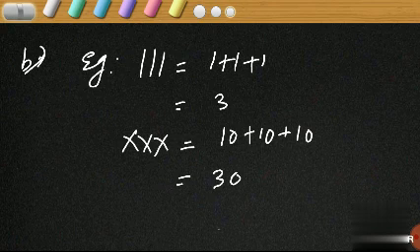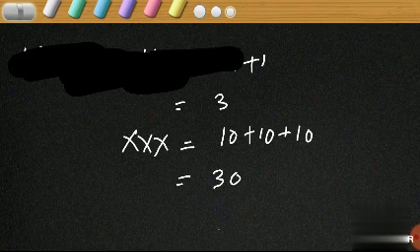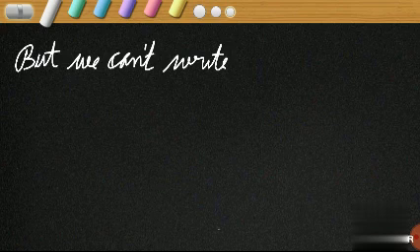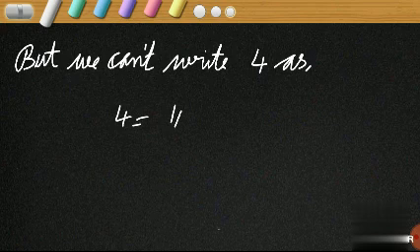But the next line, please write down, but we can't write 4 as 4 equal to I equal to 1 plus 1 plus 1 plus 1.